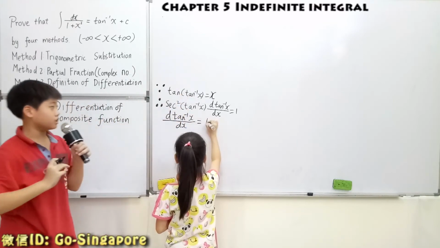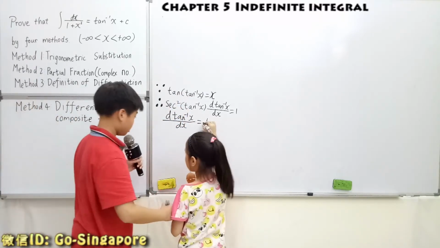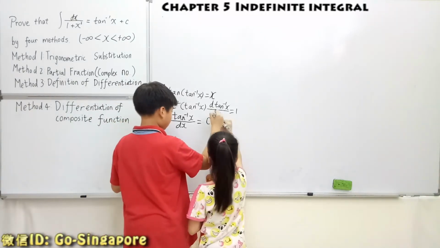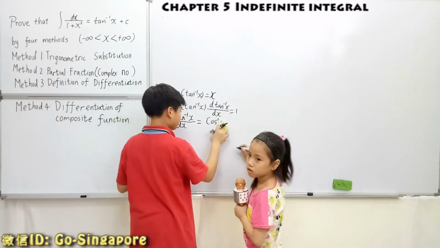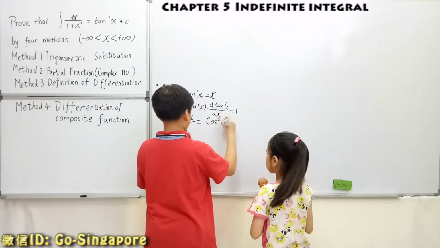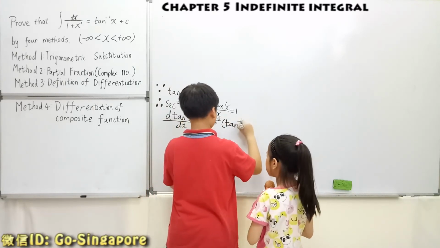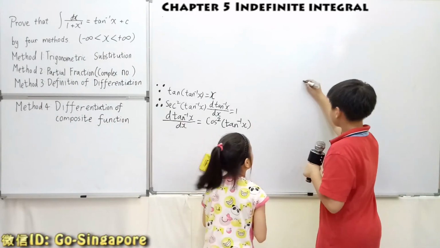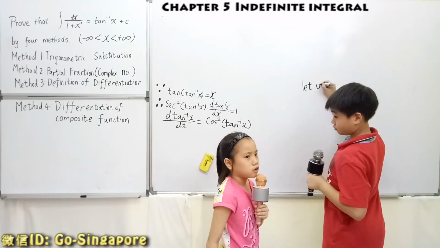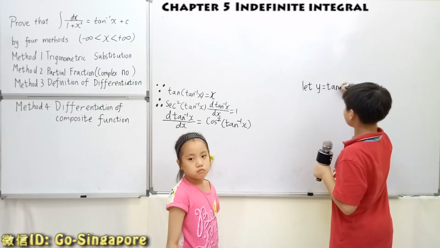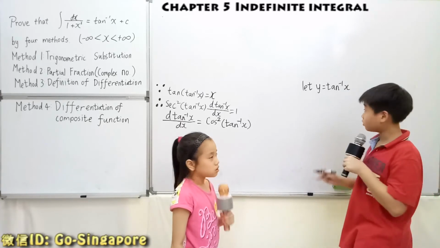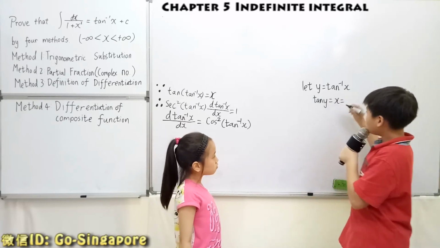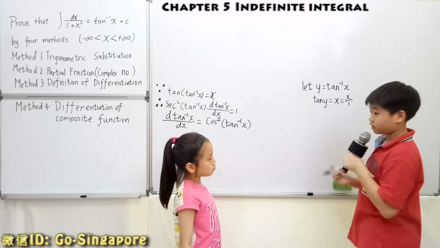When it goes to the other side, it is a cosine. So here will be the cosine squared. Here's the inverse tangent x. So right now over here, this tangent y will be x. Which x? We can write it as x over 1.